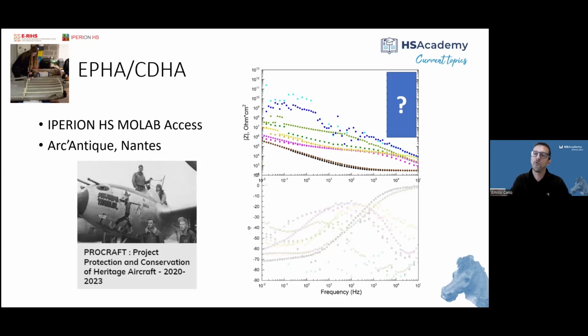You can see on the right that while the data are a bit noisy, which is typical when we measure in the field, and the spectra are not so nice and smooth, we can still see relevant differences between the different coatings. Of course, I cannot show you which ones they are. This is still something that hopefully will be published in the coming months, so hopefully you will be able to know what is under that question mark.